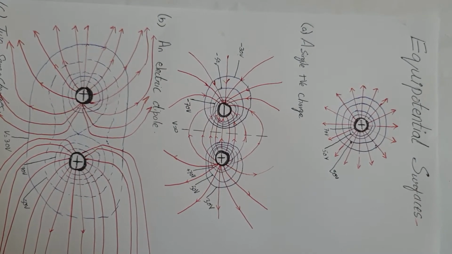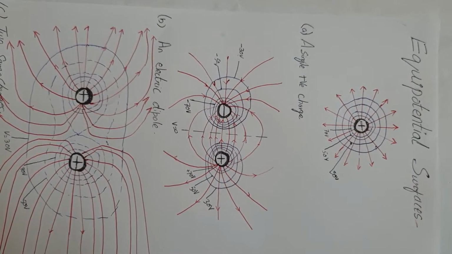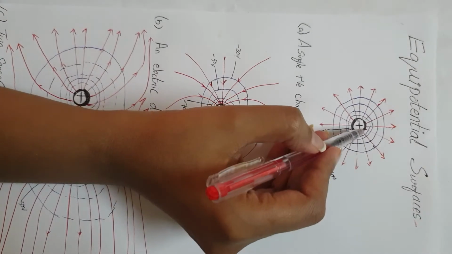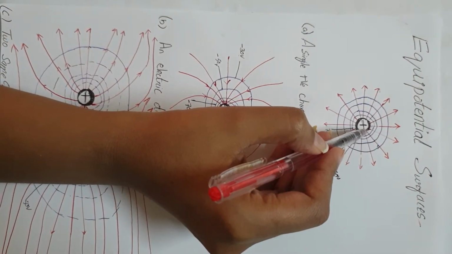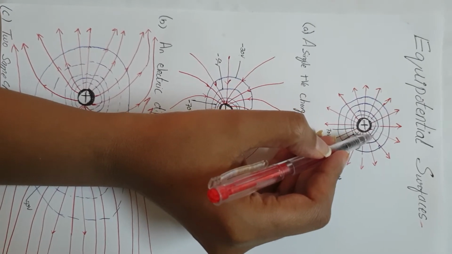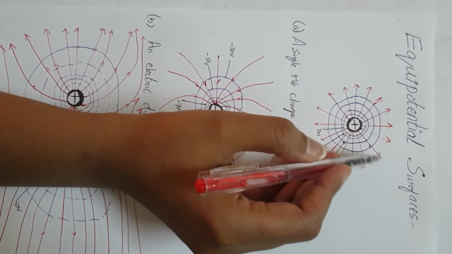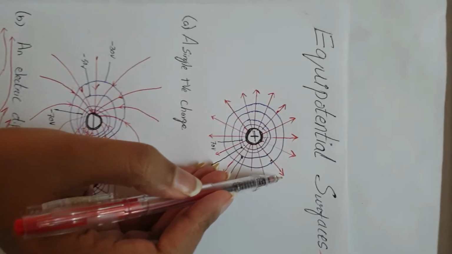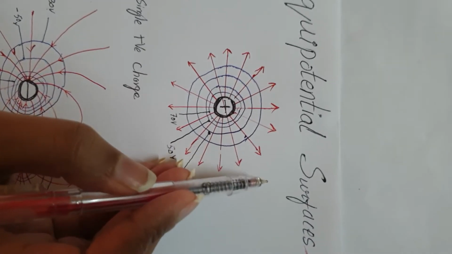In the region where the magnitude of E is large, for example here, the magnitude of electric field is high. As you move away from the charge, the magnitude of the electric field is getting less and less.